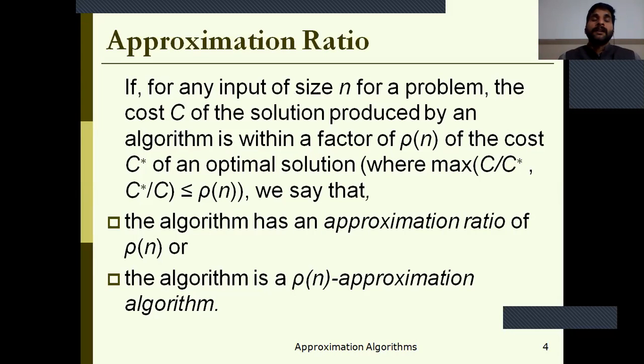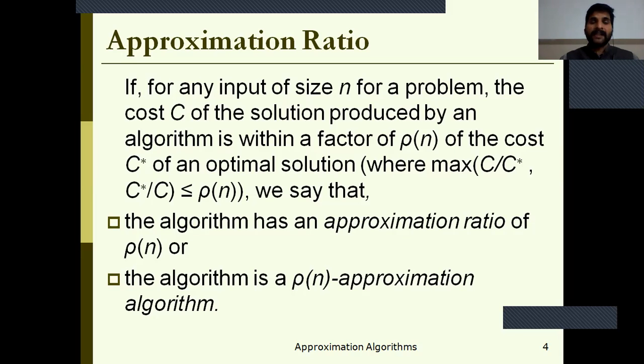So in an approximation algorithm, we find the approximation ratio. For any input of size n for a problem, the cost C of the solution produced by the algorithm is within a factor of rho of n of the cost C star of an optimal solution. So the main objective here is that C upon C star, or C star upon C, is less than or equal to rho of n.